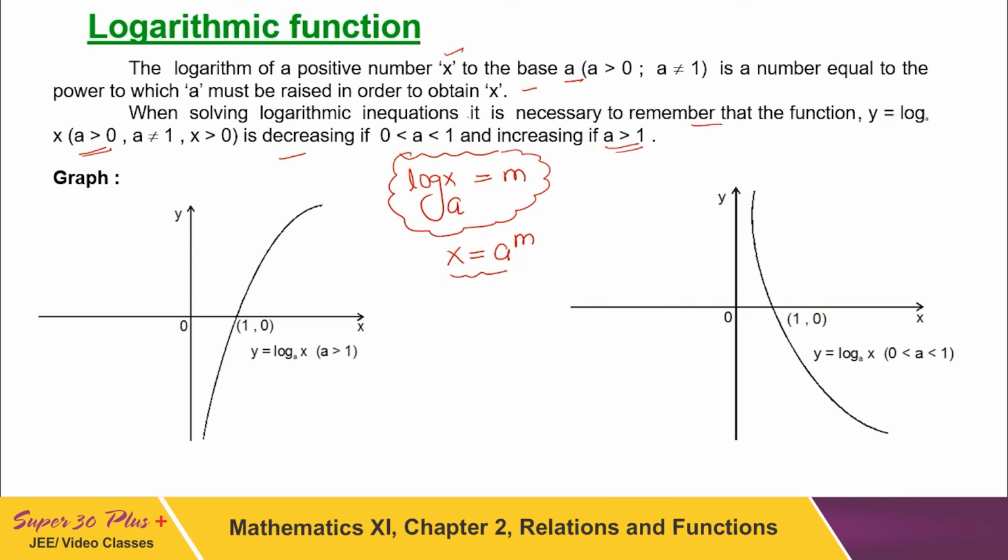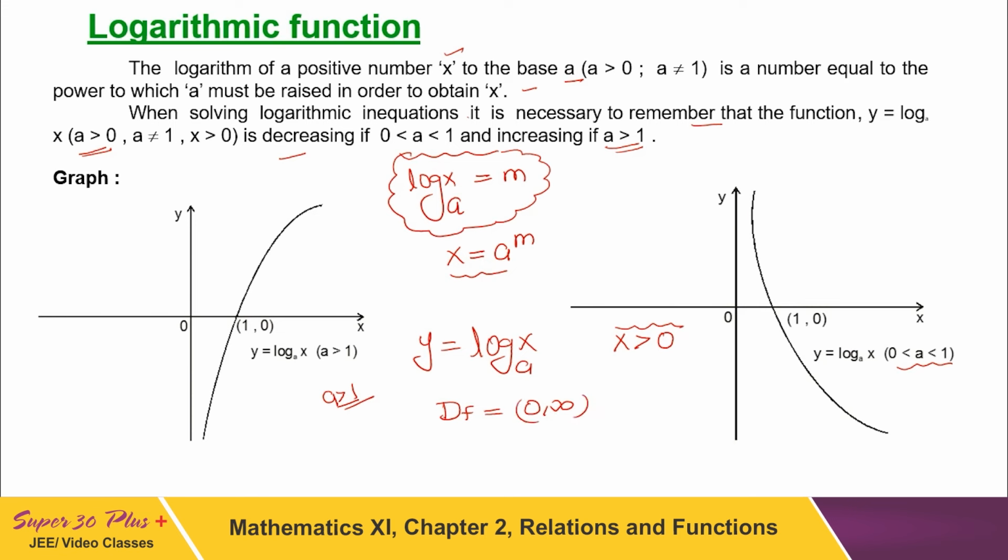This is the graph of a function where a is greater than 1, and this is the increasing graph. And this is the graph of log x base a where a lies between 0 and 1. If we observe these two graphs, we can find that log x base a is defined only for x greater than 0, meaning the domain of log x is from 0 to infinity.